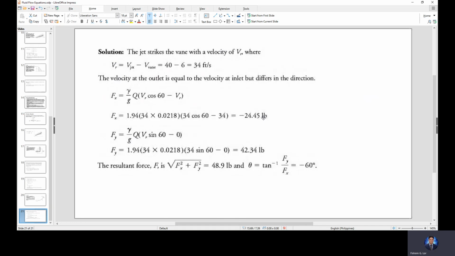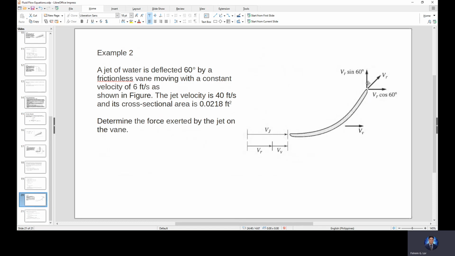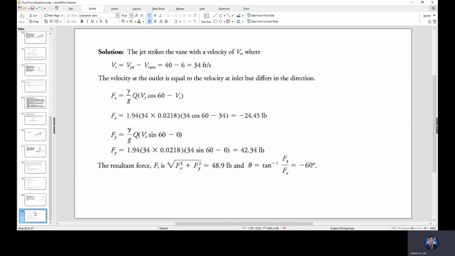For y, of course, this is the rho, and this is the Q. For Vy, our V2 is 34 sine 60. That's positive going upward, right? 34 sine 60, that's the component.